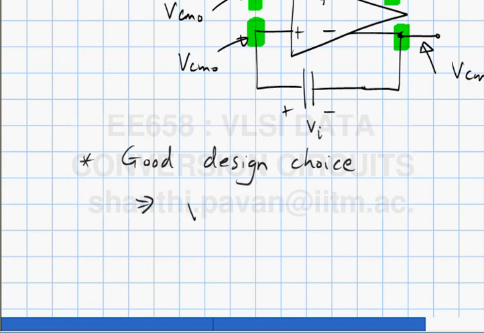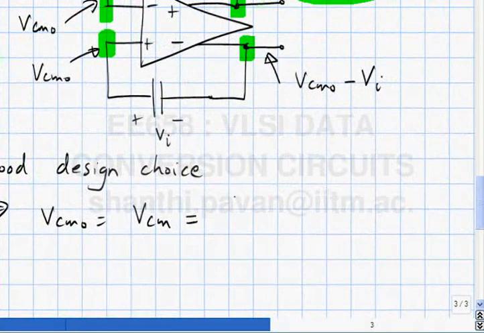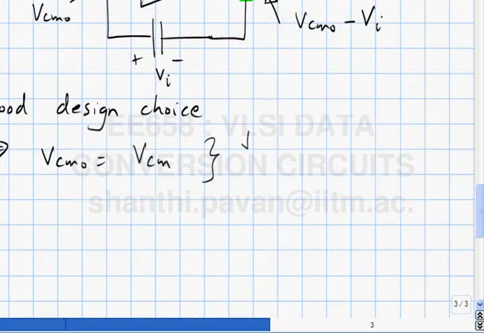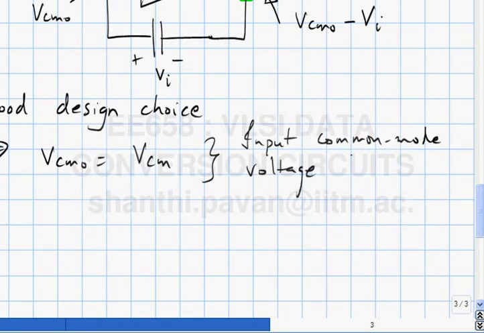is to choose VCMO equal to VCM, which also happens to make the input common mode voltage equal to the op amp output common mode.